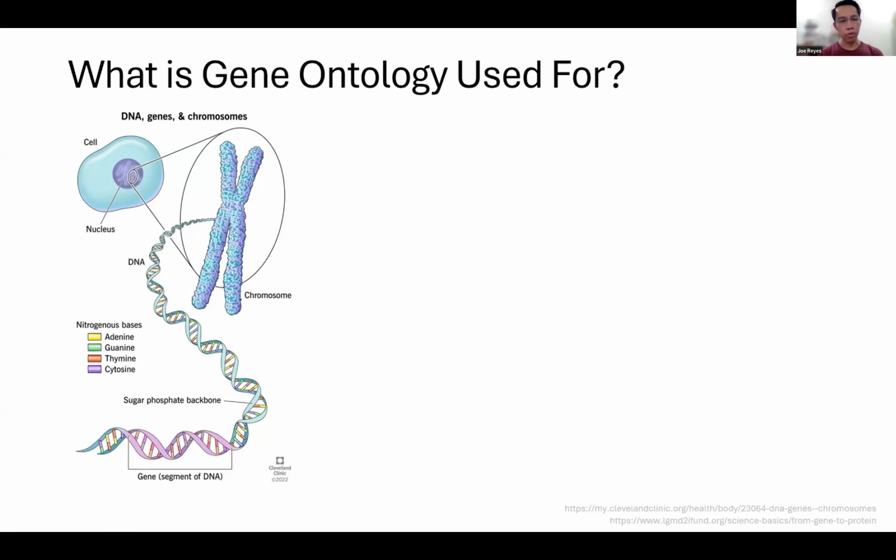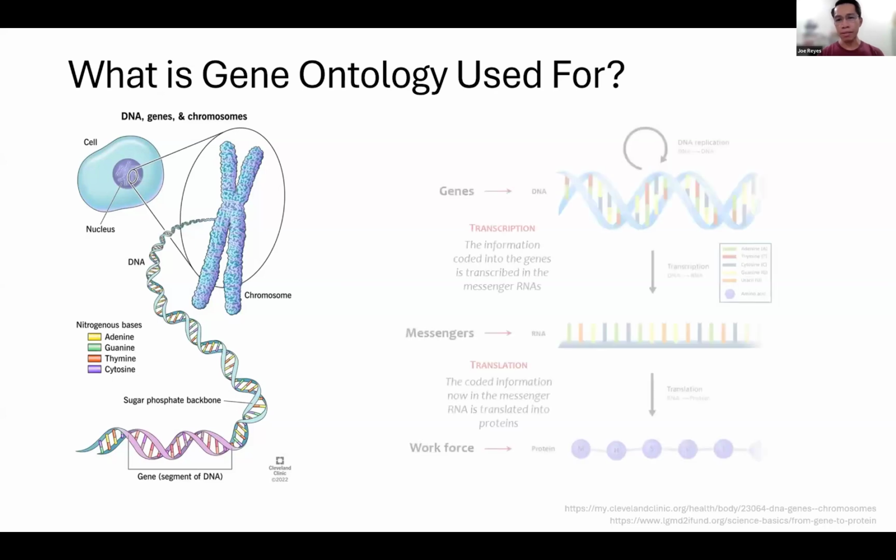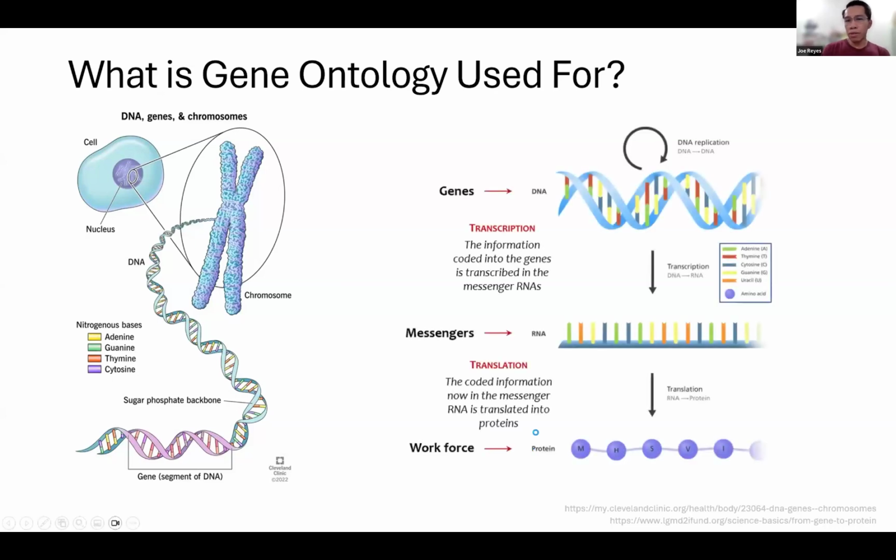So it encodes something, and that something is protein. This is the central dogma of molecular biology: your genes are transcribed to messengers, and by the way, this messenger RNA is what the COVID vaccines, the Moderna and Pfizer vaccines, are based on, the mRNA technology.